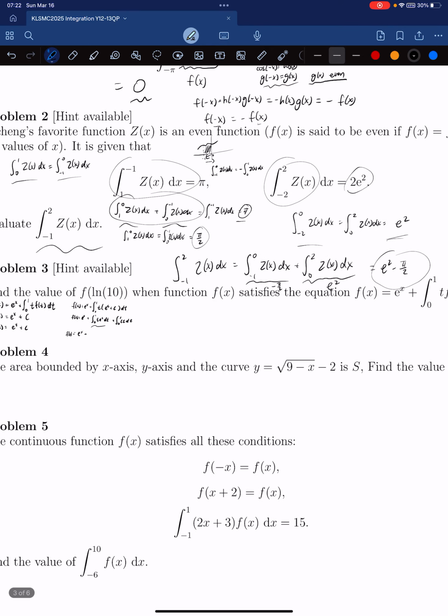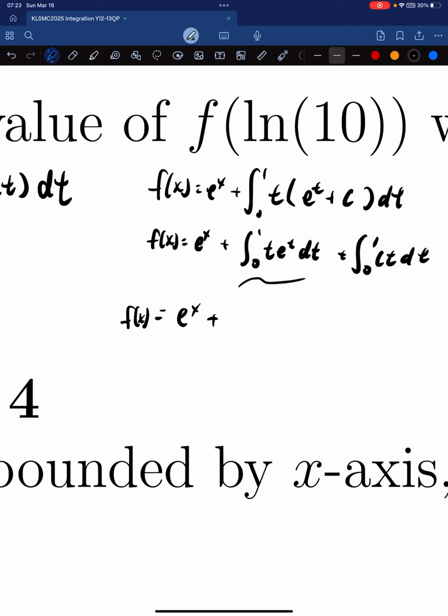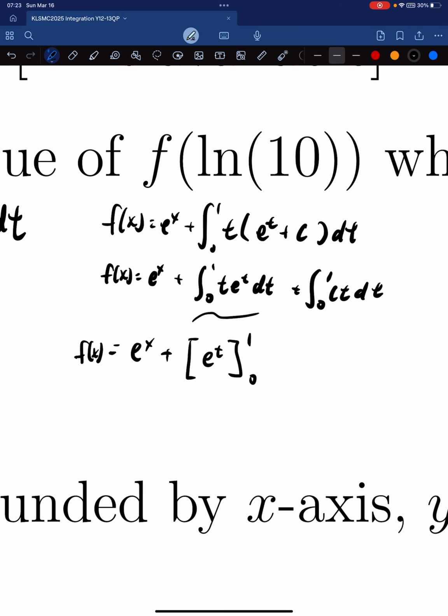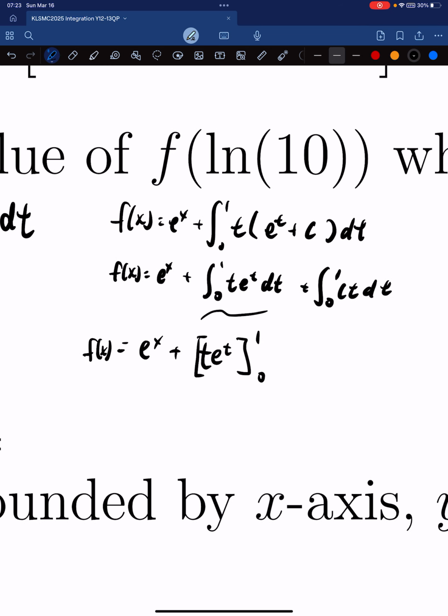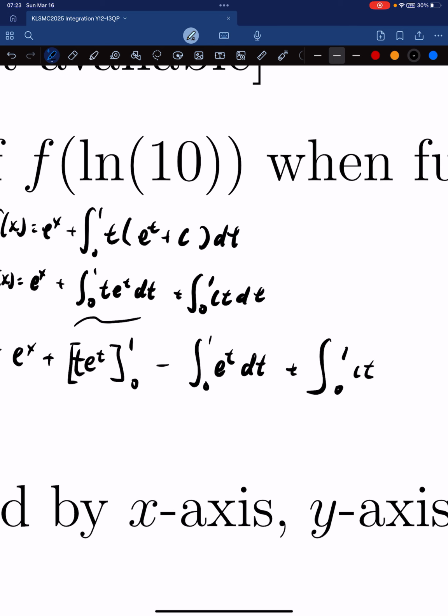So f of x equals e to the power of x plus t times e to the power of t from 1 to 0, minus the integral from 0 to 1 of e to the power of t dt, plus the integral from 0 to 1 of c t dt.